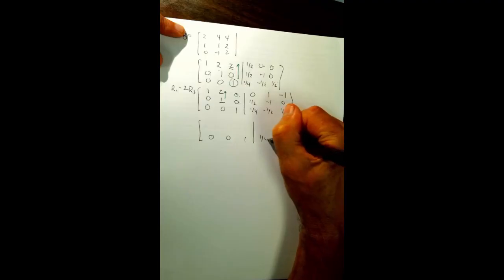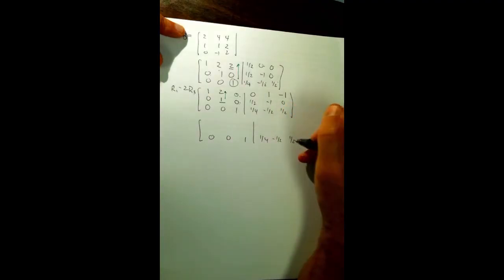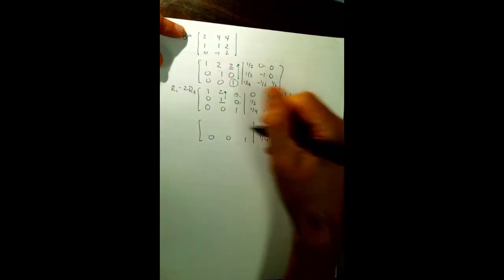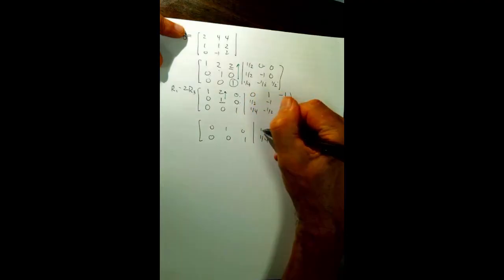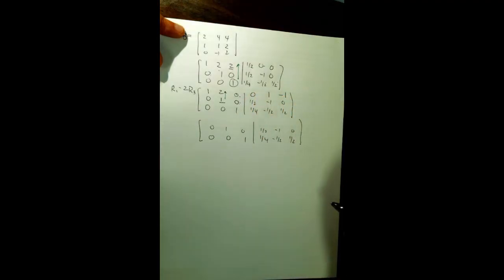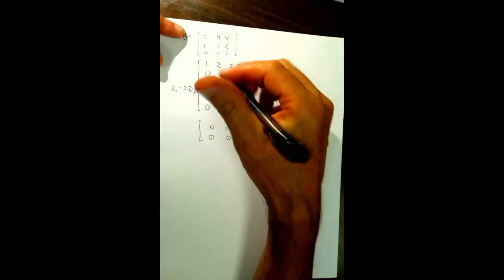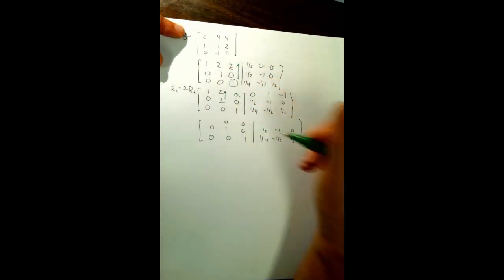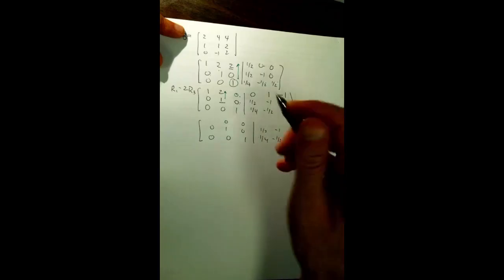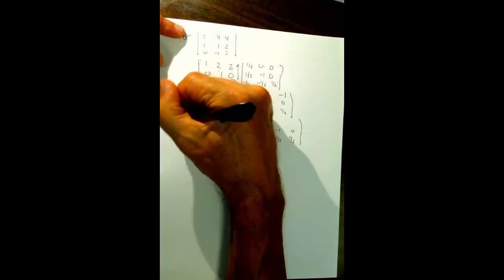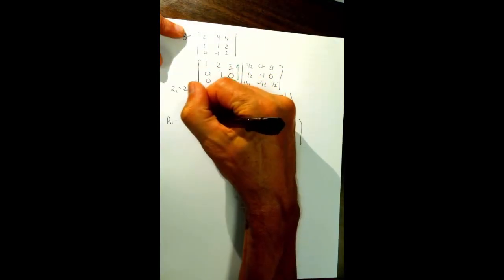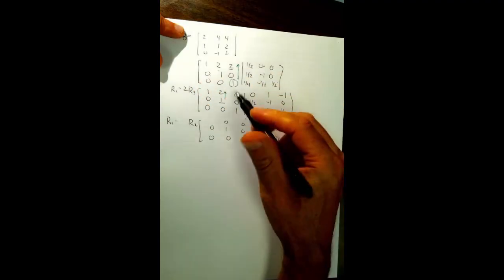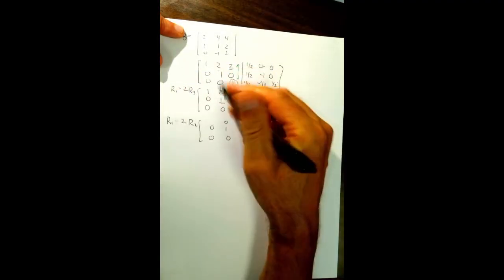So I am leaving the bottom row alone, the middle row alone, and I know that when I'm done, I'll have a 0 there, and I should have a 0 there if everything went right. So I'm taking my row 1 and subtracting off 2 of row 2.